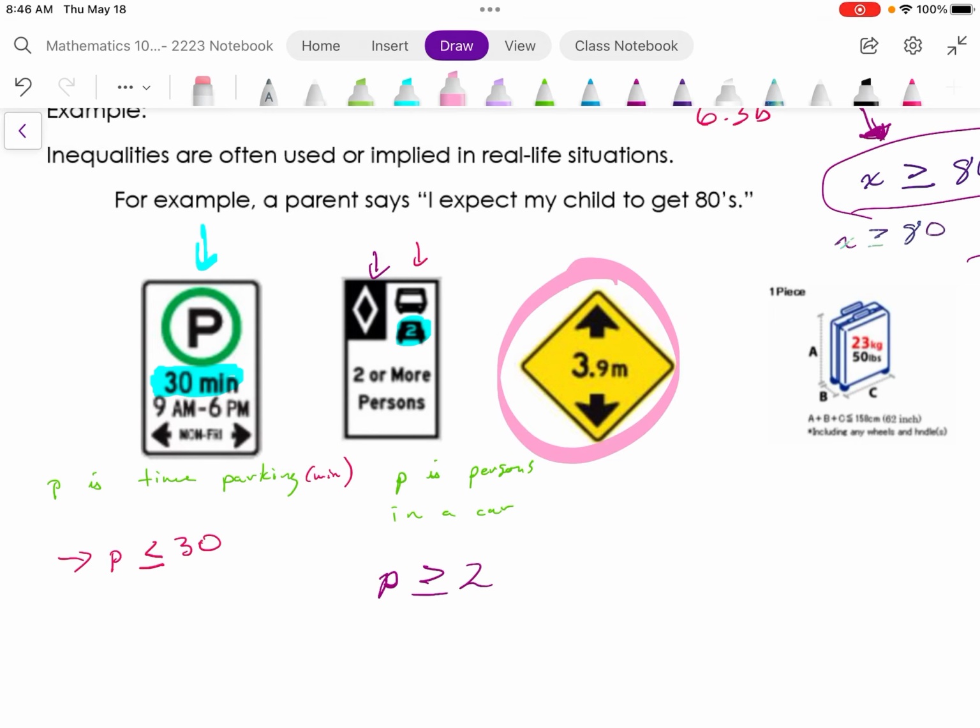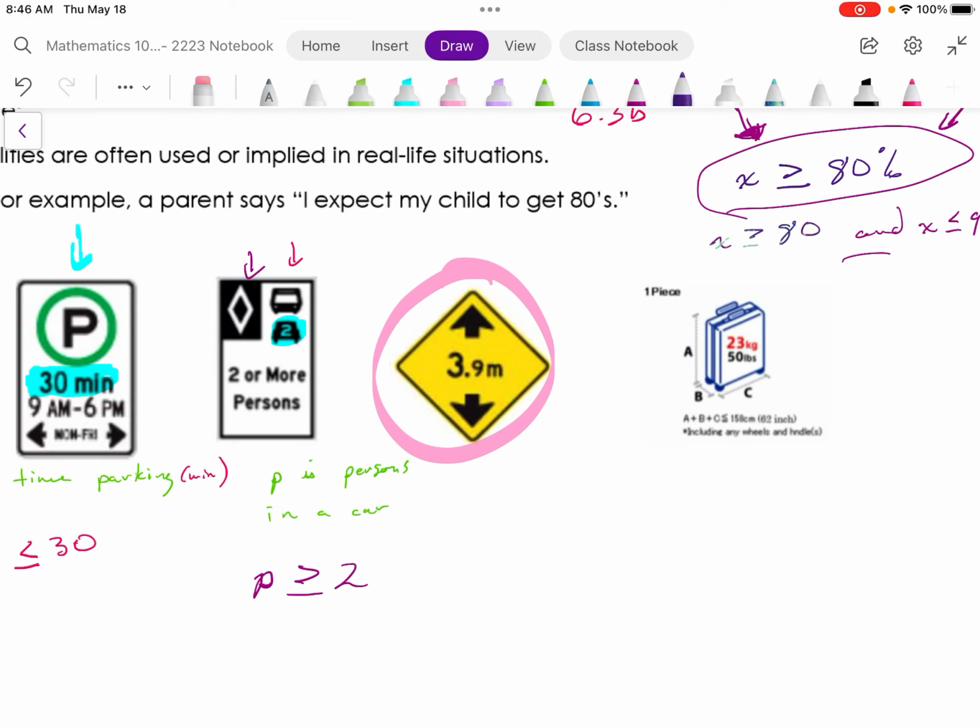Who doesn't like a good road sign? Let's take another good road sign. And I'm just going to classify this. H is height of a vehicle. Now, I'm so sorry, I just assumed that you would know this sign. This sign generally appears as you drive under a bridge, and it tells you the allowable heights.